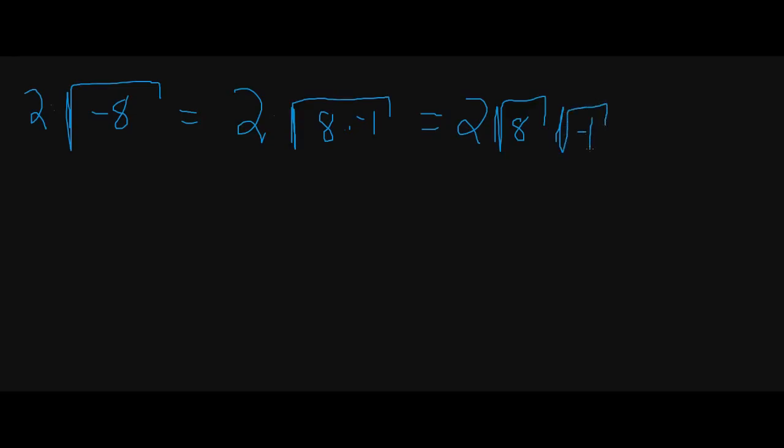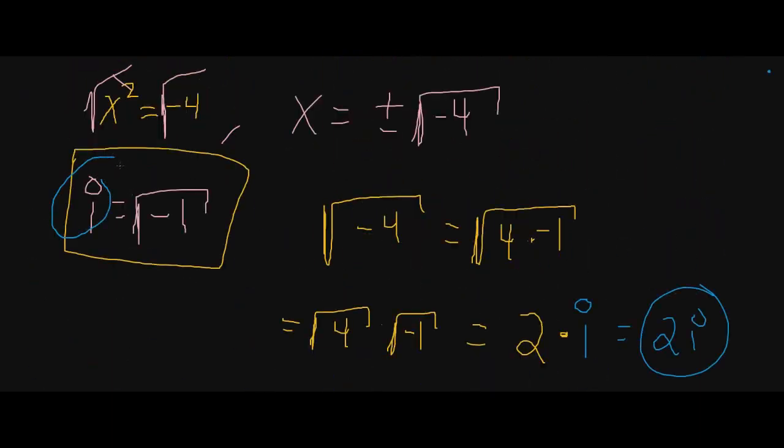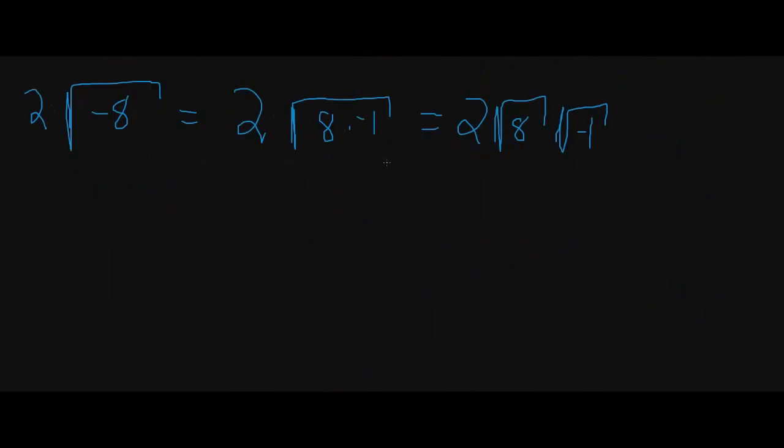I'm just using that conjecture that I talked about in the previous video. Alright, so what did we say the square root of -1 was? Well, the square root of -1 is just i. So down below here, we can rewrite this as 2 times the square root of 8 multiplied by i.